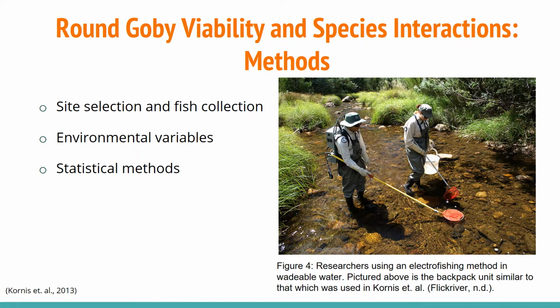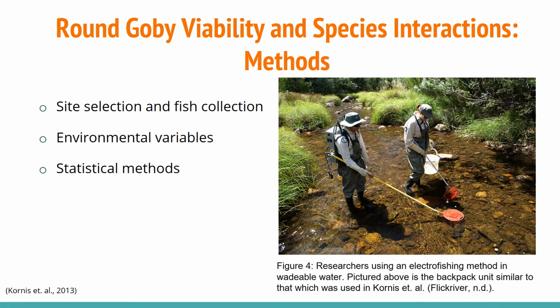For the monitoring portion of the study from 2007 to 2010, 23 of the 30 goby present sites were chosen to be monitored from the same tributaries. All of these sites were also wadable and contained communities of both round gobies and at least one of the 5 native benthic fish species.